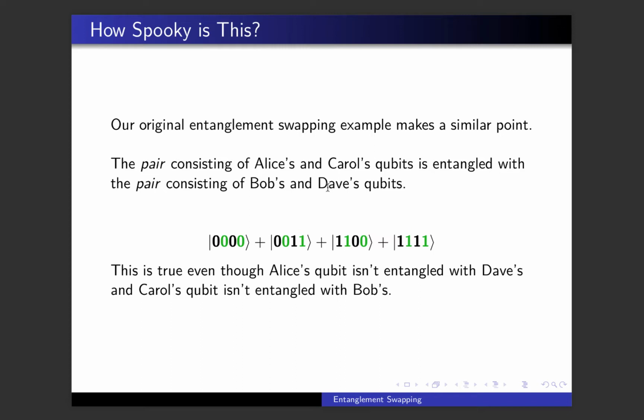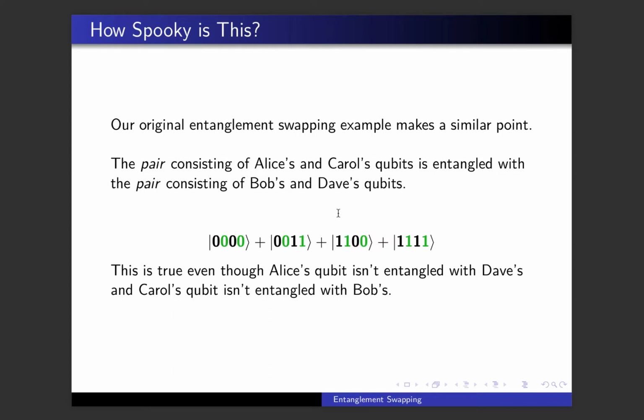But the pair of particles that Alice and Carol possess, that pair is a system in its own right. And that system is entangled with the pair that Bob and Dave possess. That's a system in its own right. And in fact, that's exactly why entanglement swapping works.